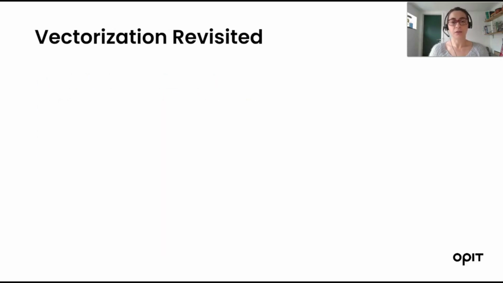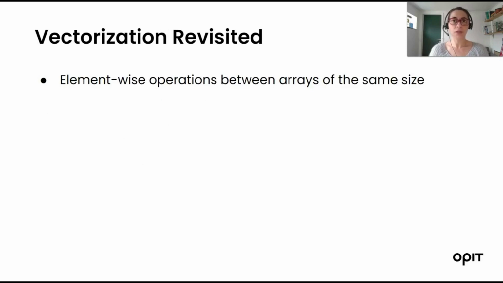In a previous lesson, we spoke about vectorization and said that we can use the term to refer to when performing element-wise operations between arrays of the same size. Vectorization can refer to more operations, for example, when we replace loops with array expressions, as we will see in a moment.